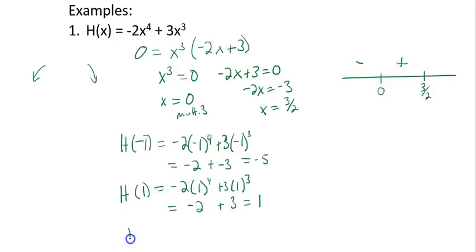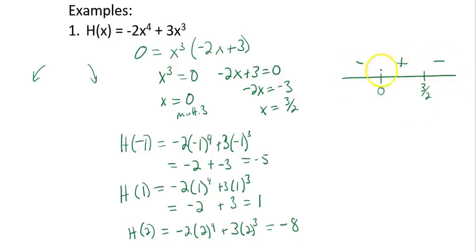And then our last section, something past 3/2, past 1 1/2, so I'm just going to choose 2 because I always go for the easiest, but you don't have to. Negative 2 times 2 to the 4th plus 3 times 2 cubed. And that's going to give me a negative 8. So I know that anything I plug in past 3/2 is going to be negative.